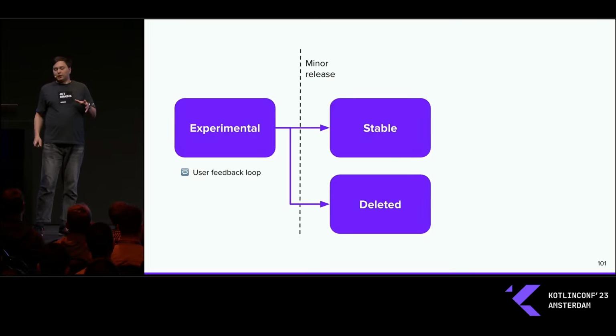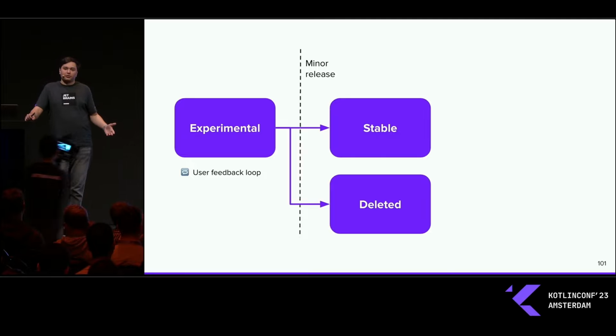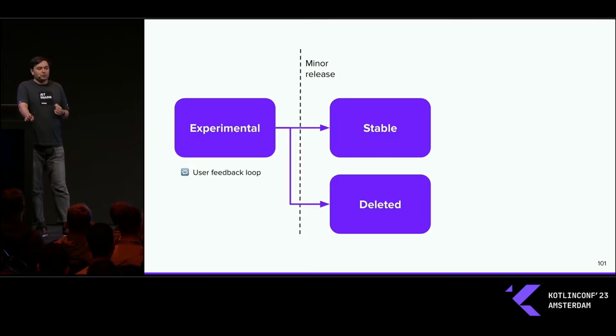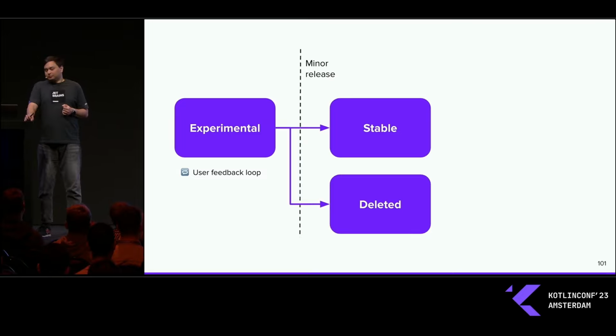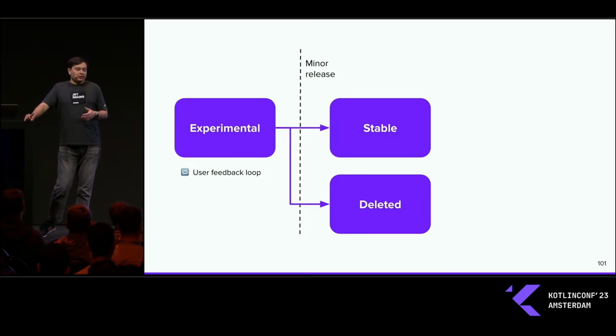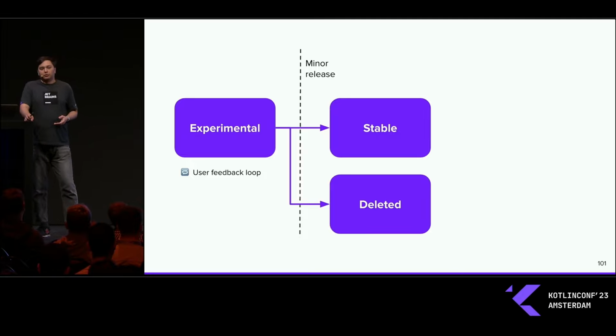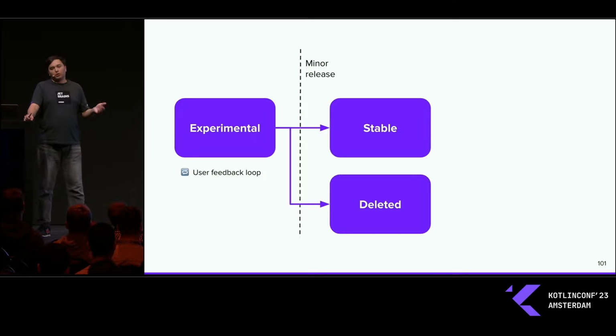After some time of experimenting, at some point, after a minor release, for example, you can choose whether you want to promote this function to stable or whether you want to delete it, because it wasn't really useful, or because we've discovered some design issues, or for any other reason.